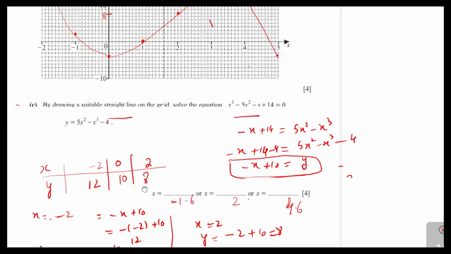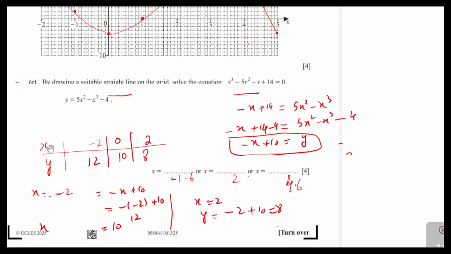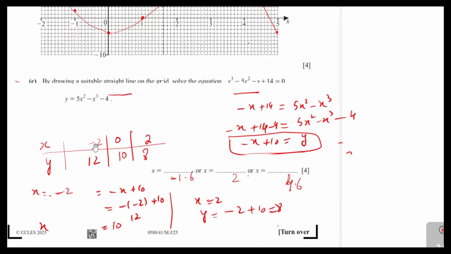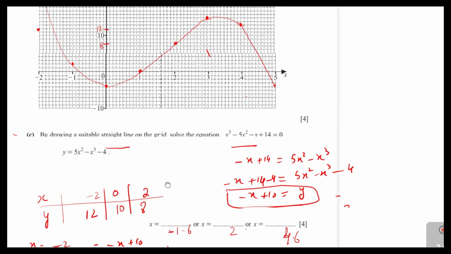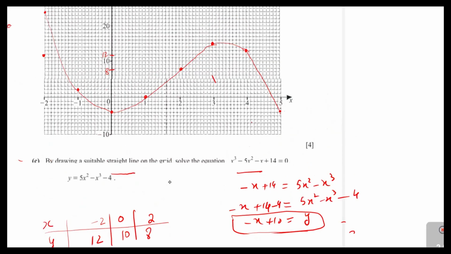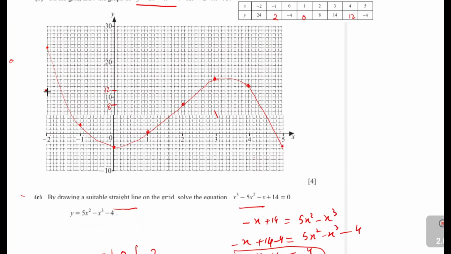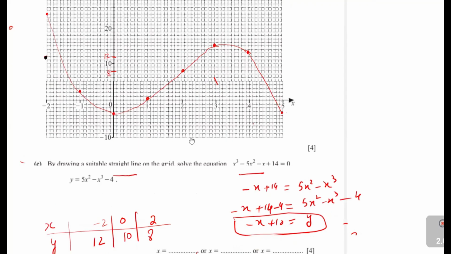Look here, we get the values of y against the values of x from minus 2 to 2. And by using these values, we can draw the graph y equal to minus x plus 10. Firstly, we will mark the point minus 2, 12. Look here, this position is minus 2, 12. Next value here is 0, 10.